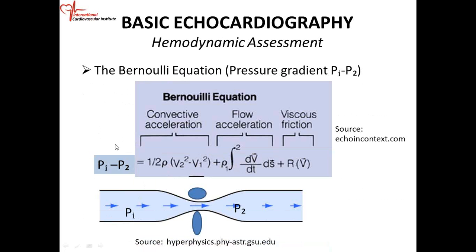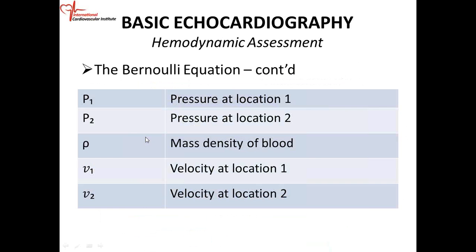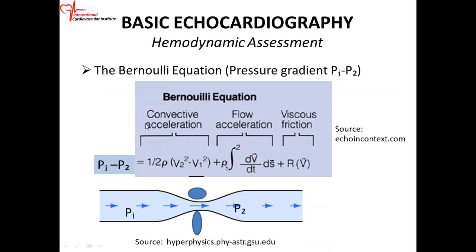So the gradient is a difference in pressure. In rough terms, it is equal to the convective acceleration plus the flow acceleration plus what we call the viscous friction. And we can represent each of these things by an equation.